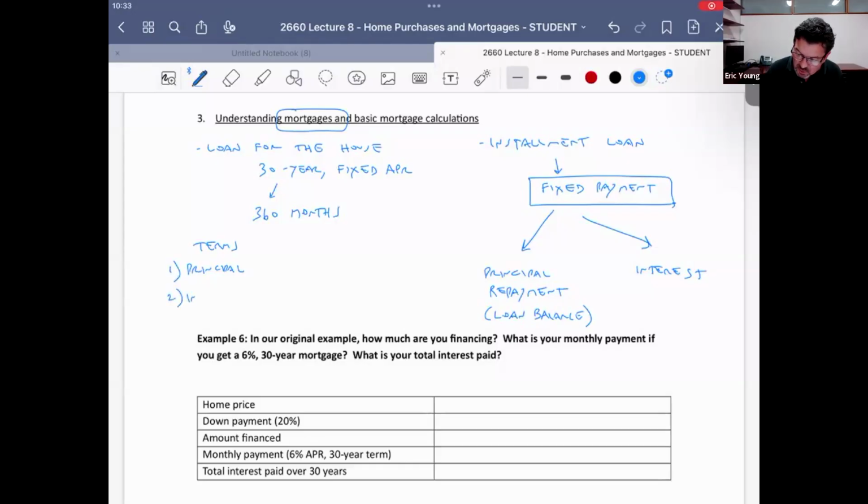You have your interest rate, which we know we can call the APR, which can either be a fixed rate, where the rate stays the same, or a variable rate, also called a floating rate, where the rate can change.